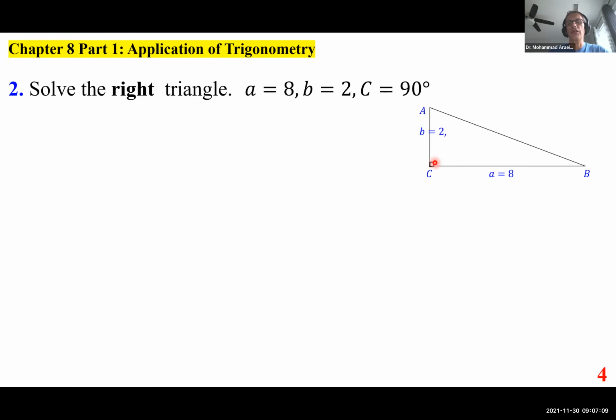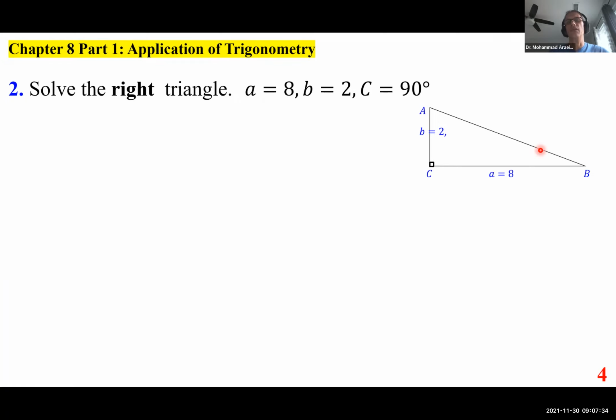So this is 90 degrees, and this is lowercase c, by the way. This is lowercase a, opposite A. This is capital B, opposite that, lowercase b, and we plug in the values.